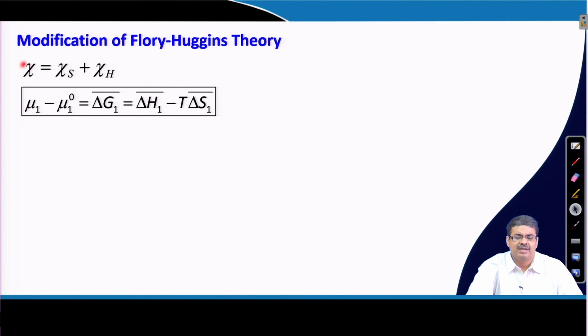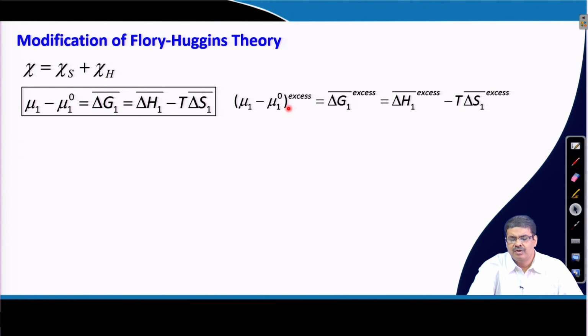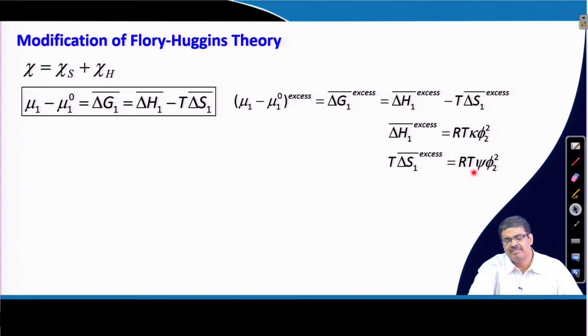Now, this polymer solvent interaction parameter consists of, as we discussed, an entropic component and an enthalpy component, and we have seen this expression before. So, we can express this excess term as the partial molar Gibbs free energy excess term, which can be expressed in terms of enthalpy and entropy, and Flory further modified and expressed the enthalpy in terms of this expression and the entropy in terms of this expression.